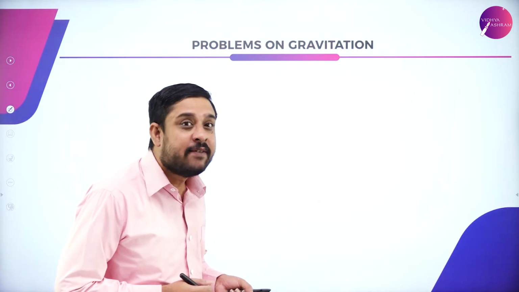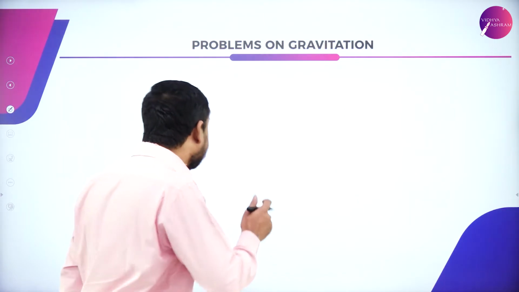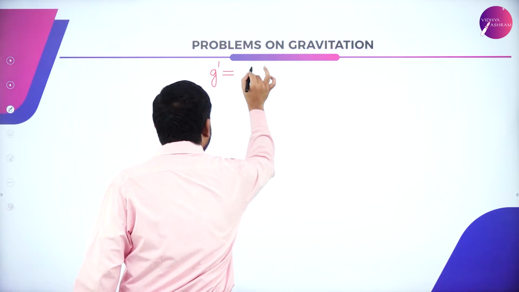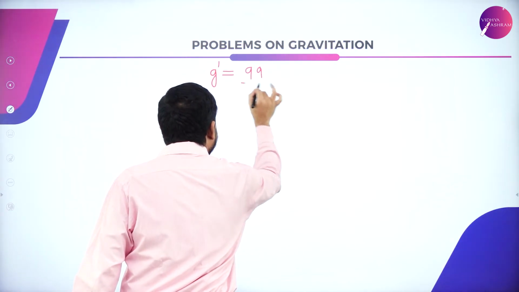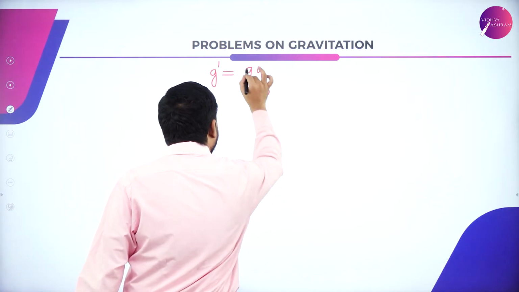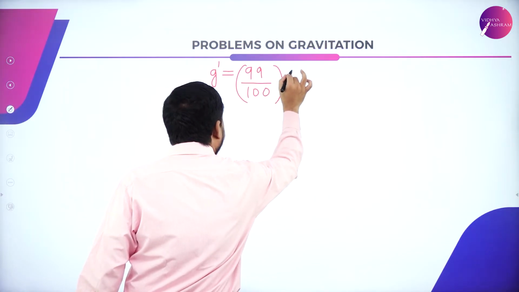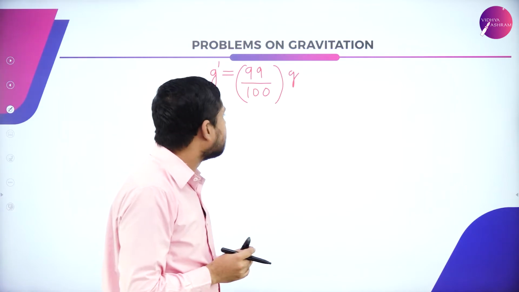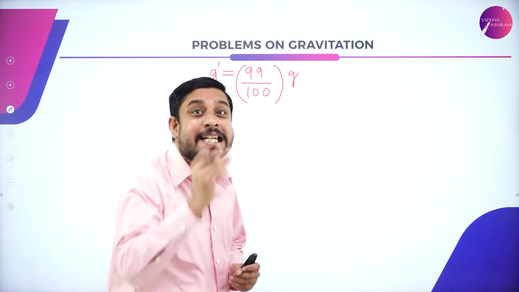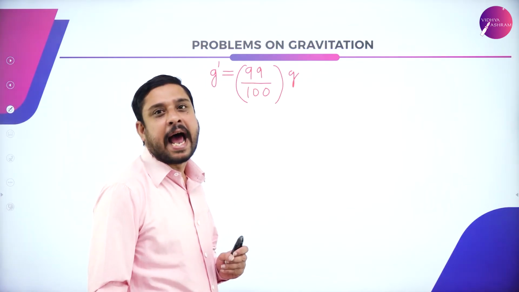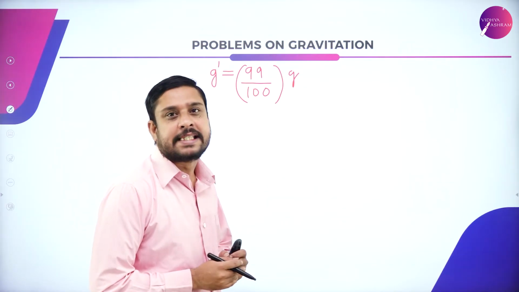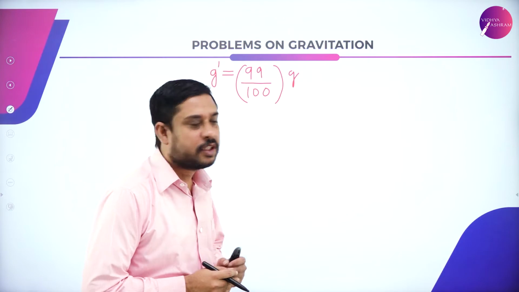Now what is given? Very clearly he says G dash is 99 by 100 times G. So it is 1% less than the acceleration due to gravity on the surface of the earth.